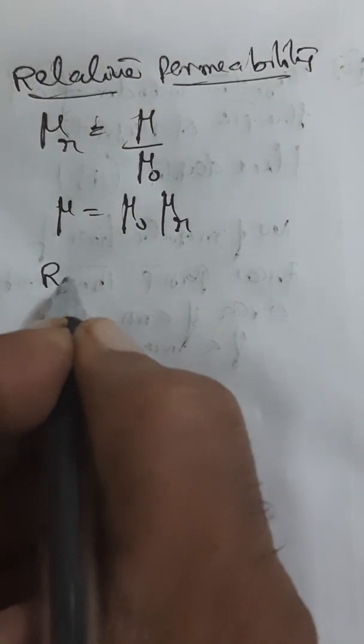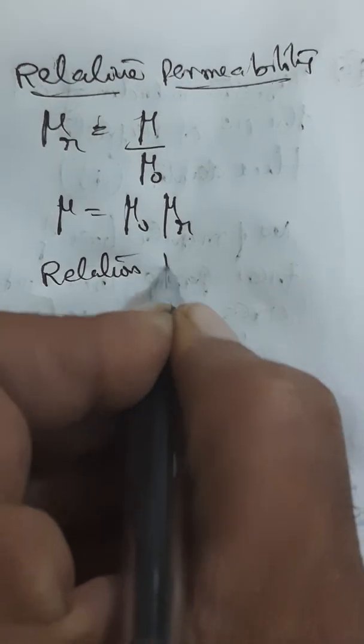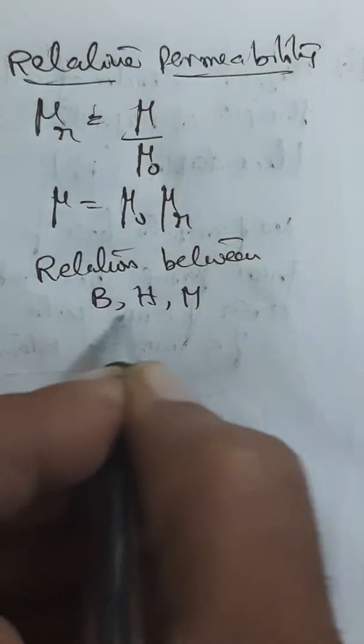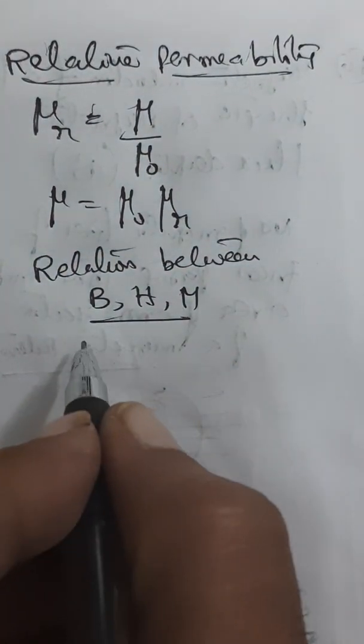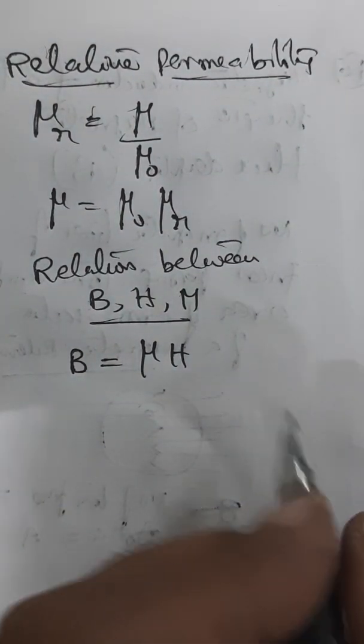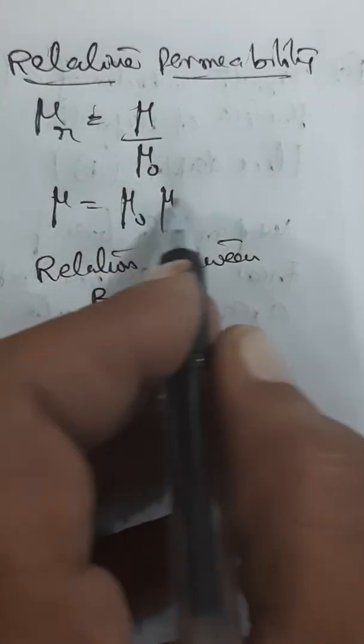Now, what is the relation you have seen between B, H and M? B is equal to mu H. What is mu? Mu is equal to mu naught mu r.